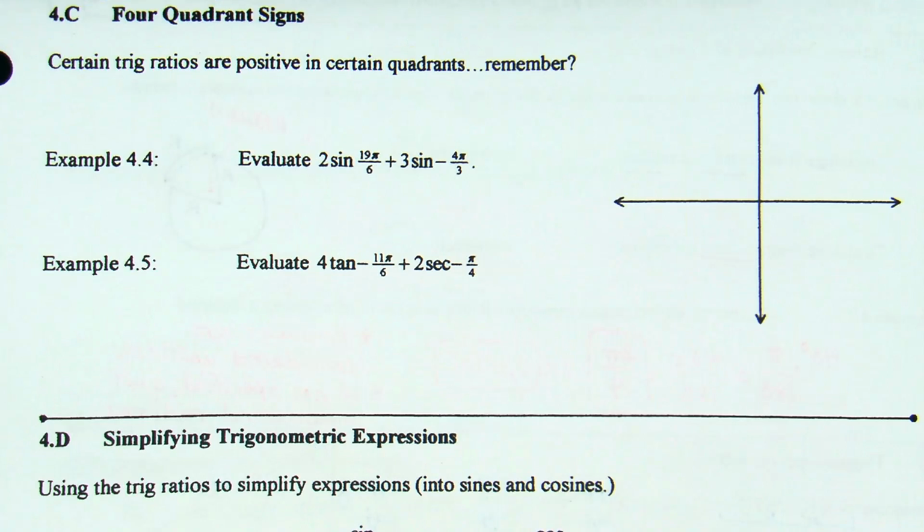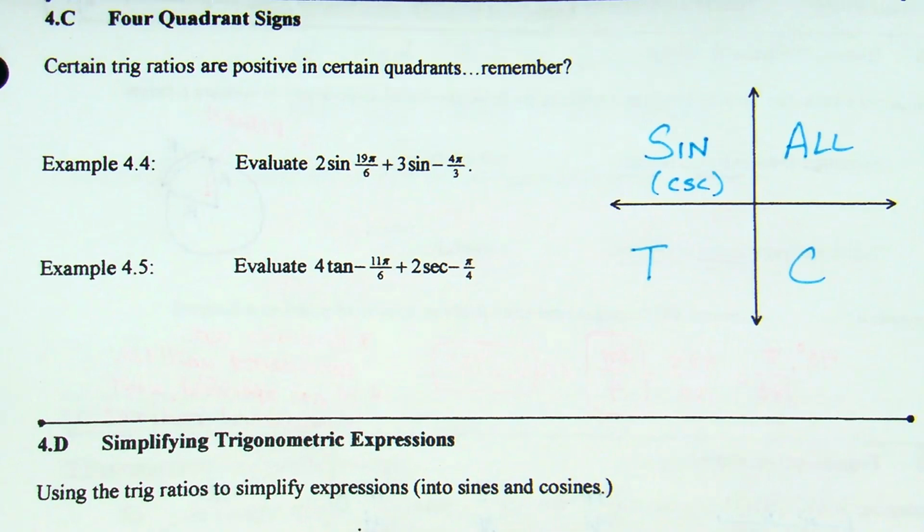And if sine is positive, that also means cosecant, the reciprocal, is positive. T stands for tangent. And it also means cotangent is positive. And C stands for cosine. And that also means that secant is positive. Okay? You slept a lot since then, but you remember that, right?